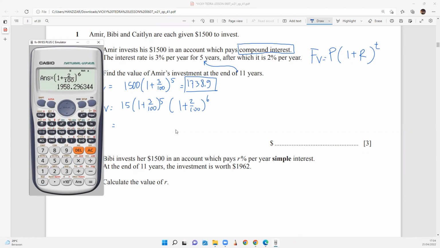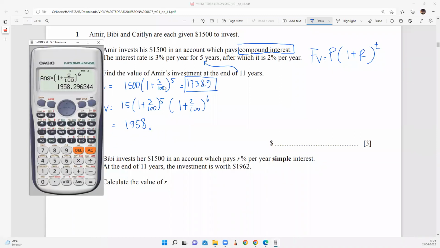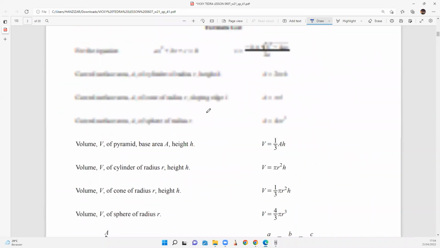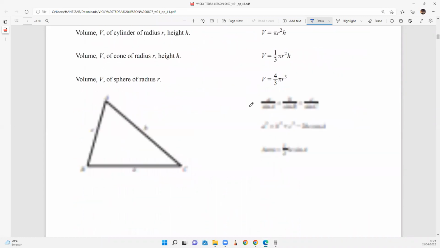1958.3 or 1958. I don't know what the question is asking you for. How many decimal places? As detailed as you can then. But how about the workings? Let's see the exact. Oh, 3 significant figures. Oh, very simple then. So if it is 3 significant figures, look at this.